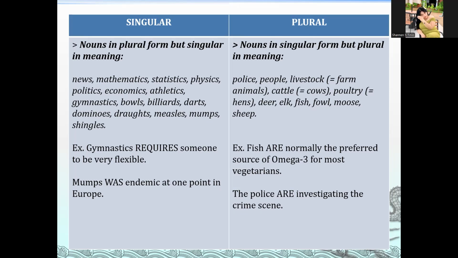Okay? If I say, Trent Smith, the police officer, is or are investigating the crimes. And pertaining to one guy only. His name is Trent Smith, and he's a police officer.